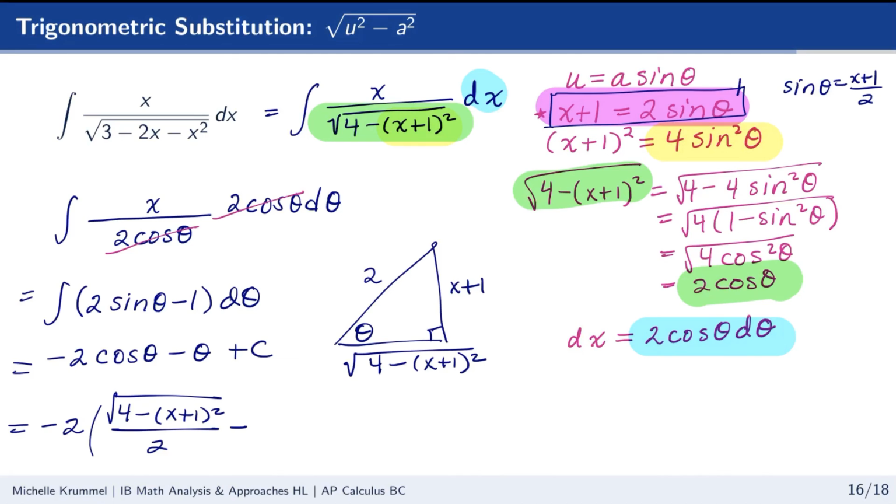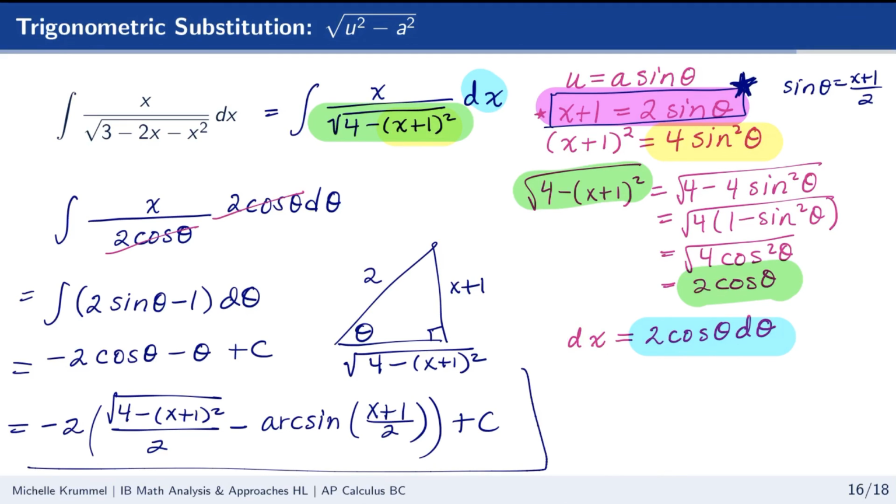Typically, if I start with a sine substitution, I go with arcsine, but you don't have to do that. So minus arcsine of opposite over hypotenuse, x plus 1 over 2, plus c. Okay, so that will be my final answer.